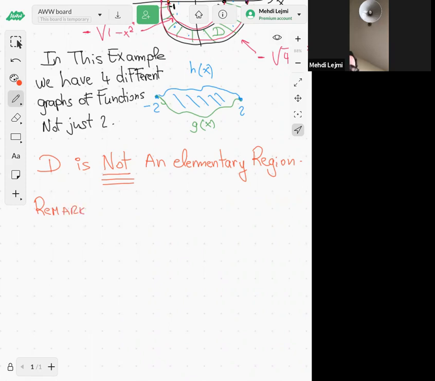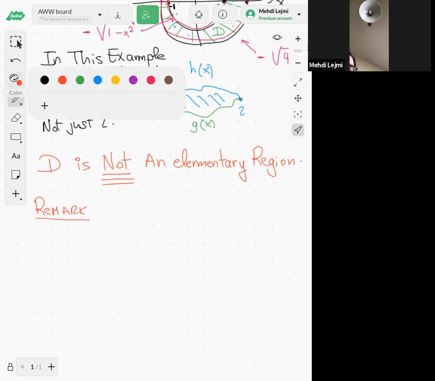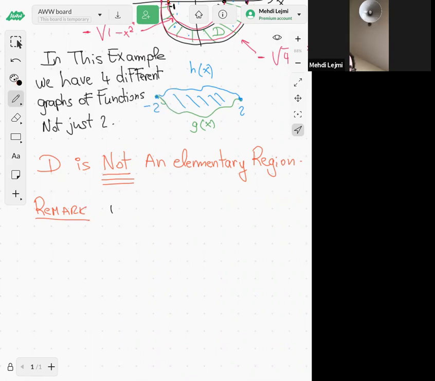But we can describe D as the sum of four elementary regions.